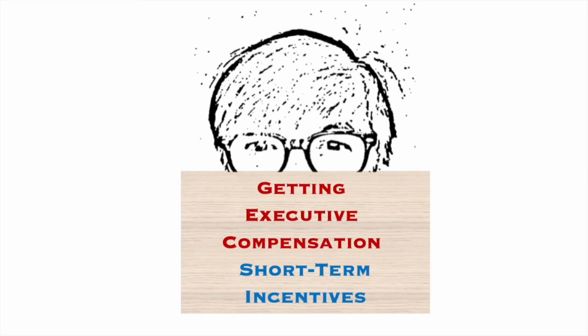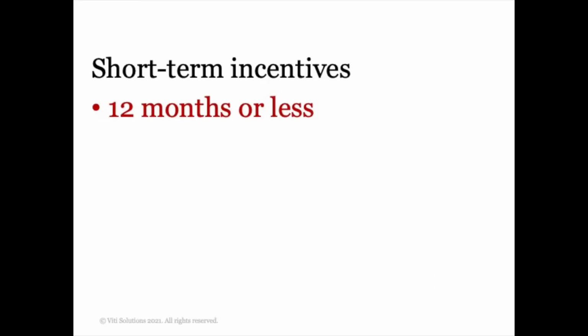First then, for short-term incentives, what are they? What makes them short? Well, a rule of thumb is that we usually say anything that is covering a 12-month period or less, that would be a short-term incentive.